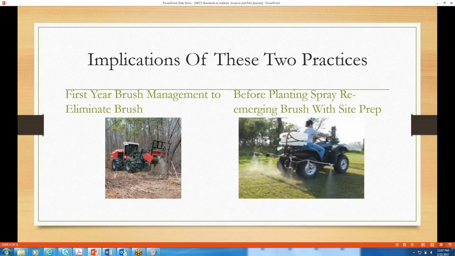So you're looking at a bundle of first brush management, then site prep, then planting, and then it would be the producer's responsibility to follow through with the O&M on those practices.